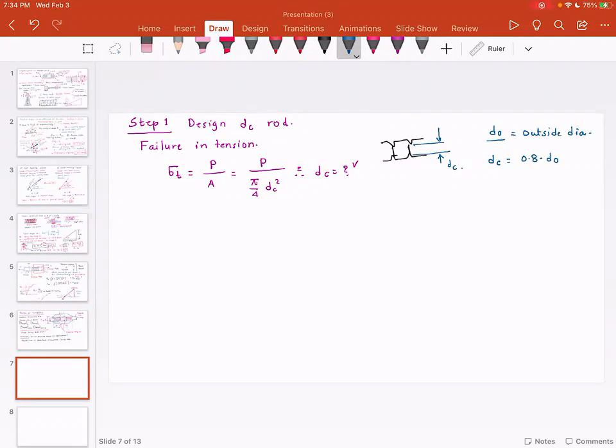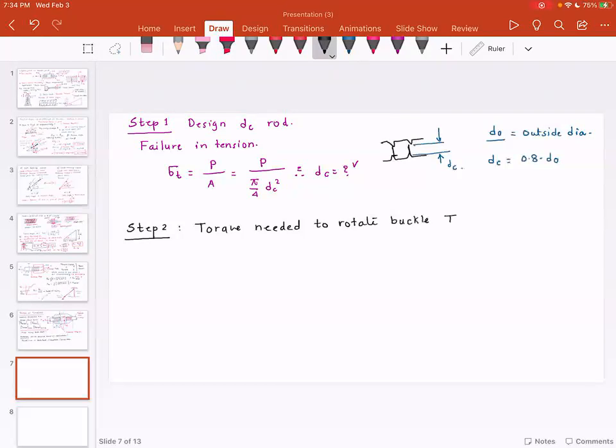So once you find the diameter of the rod, then what we need to do is we need to determine the helix angle and find out the force that is needed. So step two, torque needed to rotate the buckle.